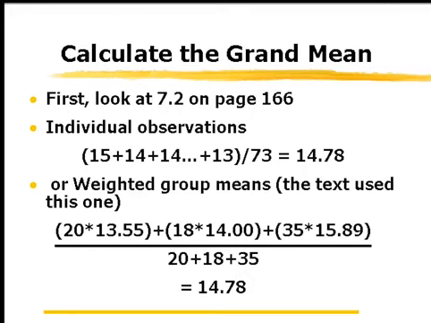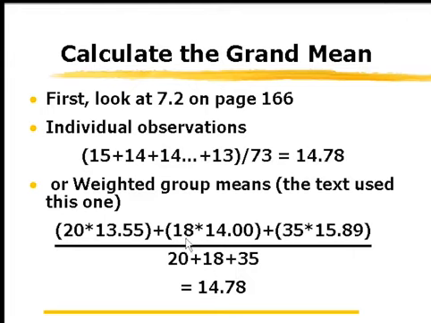In this instance, in the textbook, they had already calculated the mean score for each group. So another way of calculating a grand mean is to take a weighted group mean. In group A, they had 20 individuals. The group A mean was 13.5.